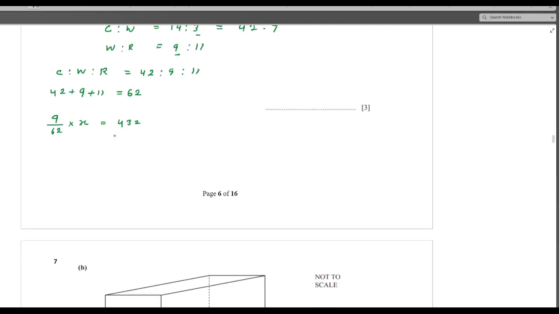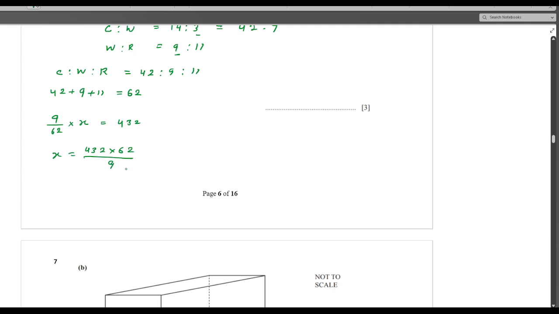This will give you the x value as 432 times 62 divided by 9. So 432 times 62 divided by 9 is 2976.